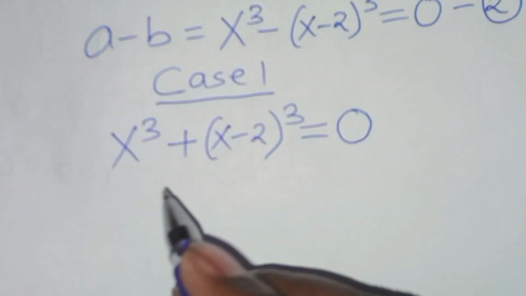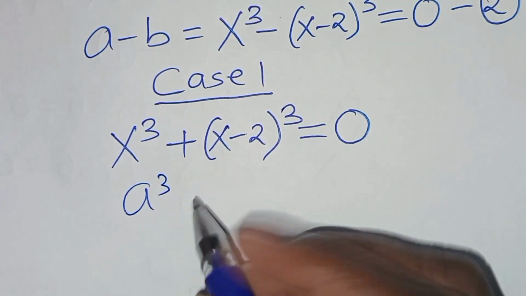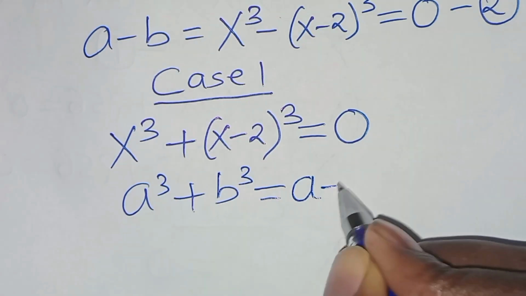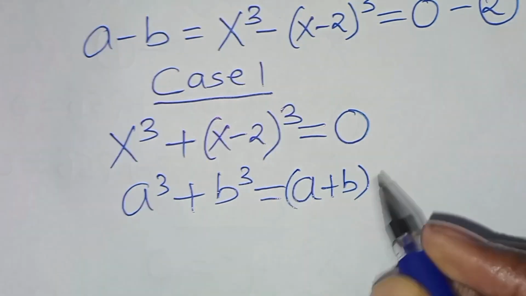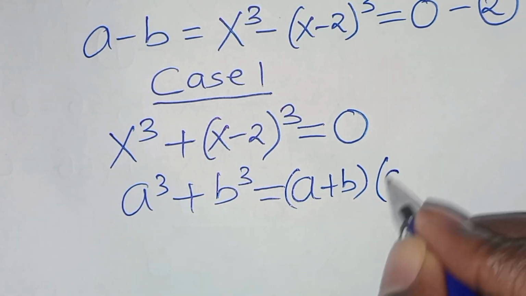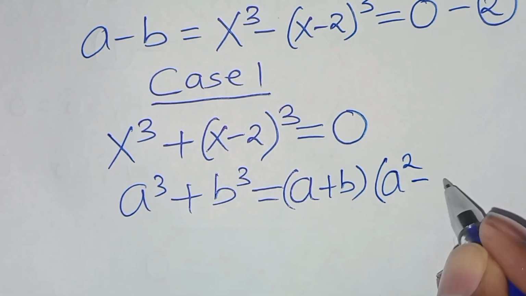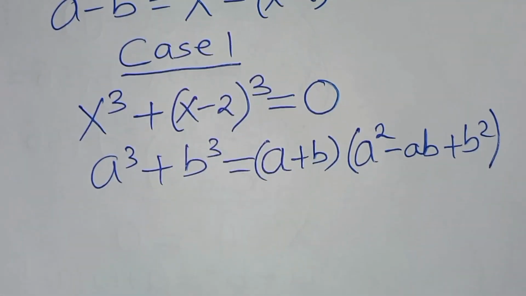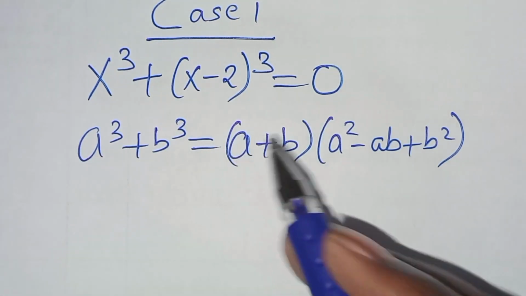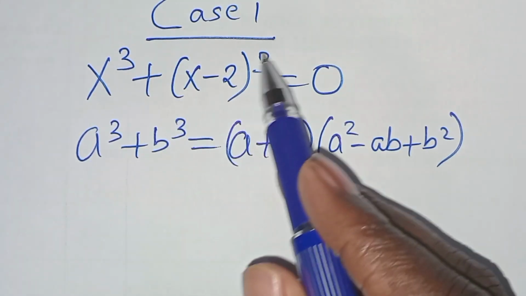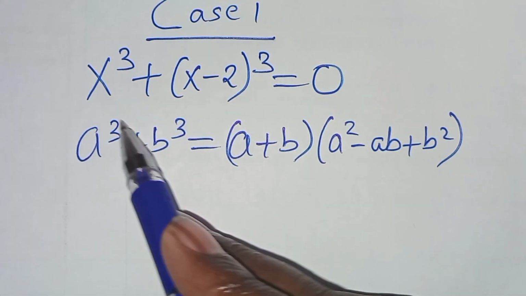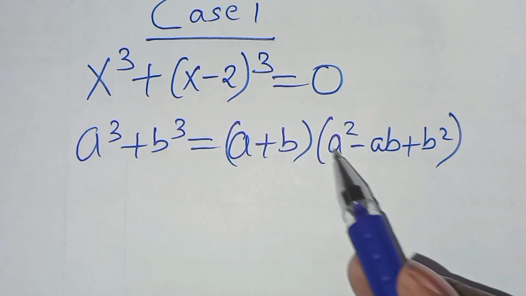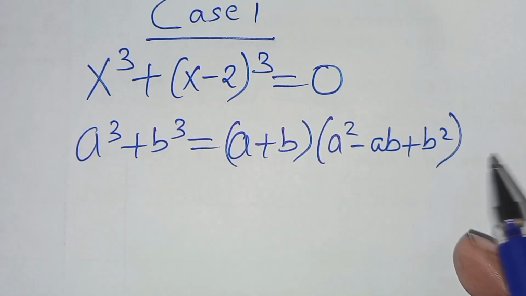This is in the form of a to the power 3 plus b to the power 3, which we can express as (a plus b)(a squared minus ab plus b squared).